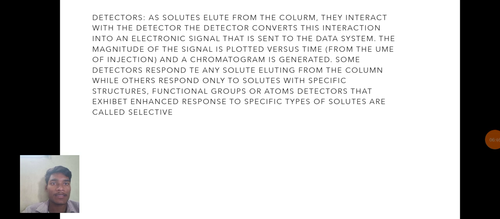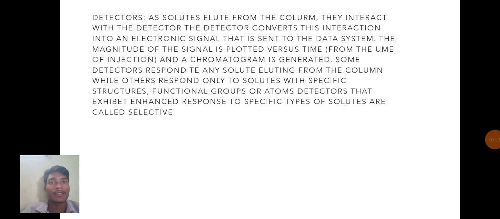Some detectors respond to any solute eluting from the column, while others respond only to solutes with specific structures, functional groups or atoms. Detectors that exhibit an enhanced response to specific types of solutes are called selective.